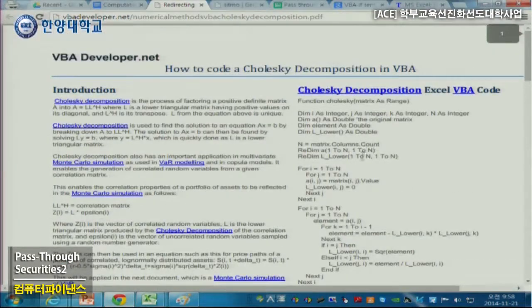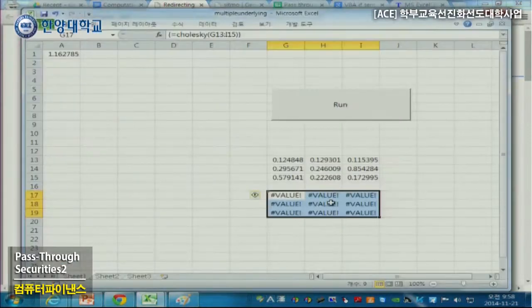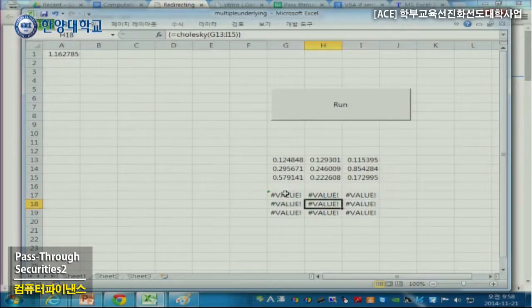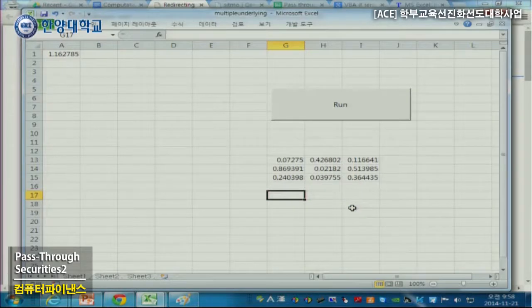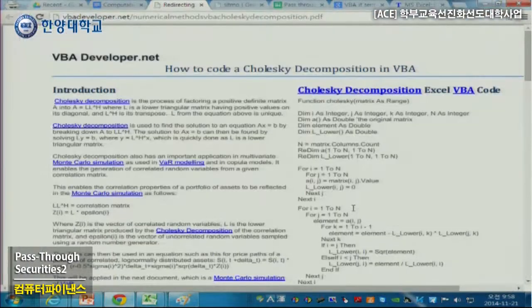Well, this looks right, but why doesn't it give me the answer? Interesting. Cholesky decomposition.